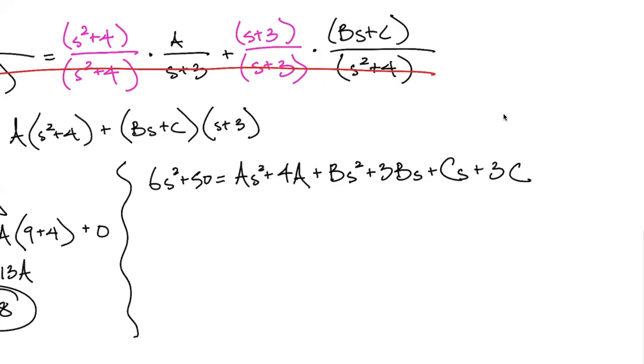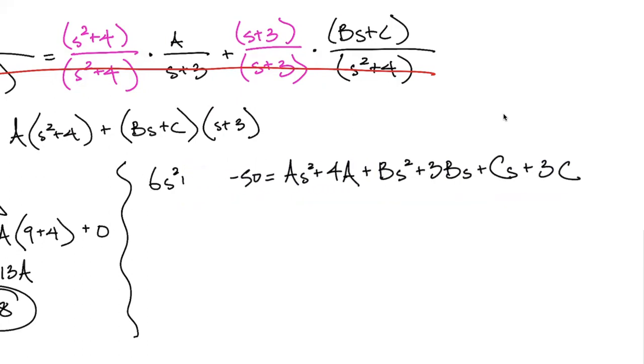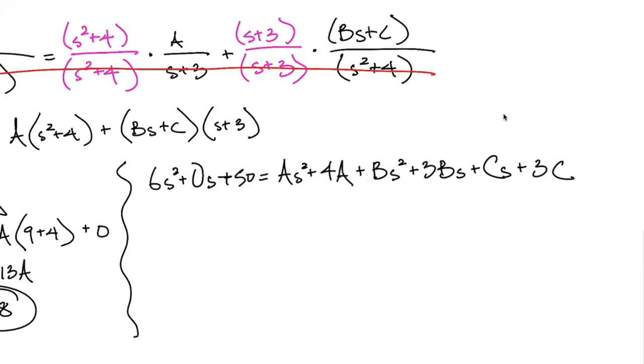But when I say set up a system of equations, maybe again, I'll go back in here. I'm going to bump this out a little bit. The reason I'm going to bump this out, I'm going to put a plus 0s here. Okay. And so if we think back to our younger days, maybe when we were a little bit more carefree with our mathematics, it was still actually fun.